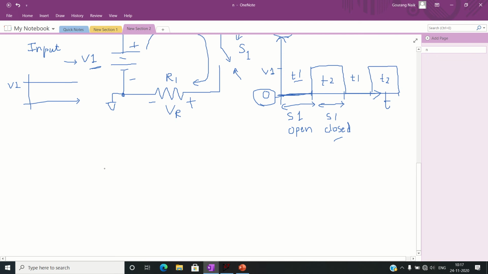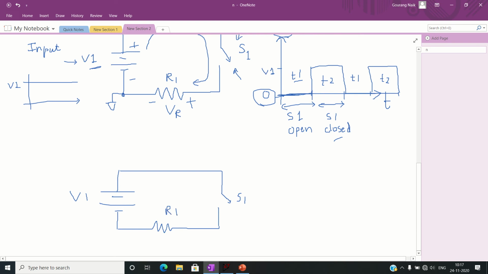So here I will again create the same circuit as the top side. One battery, and there is one switch, and then there is my load. So here let us say this is V1, and here you have switch S1 and resistance R1.